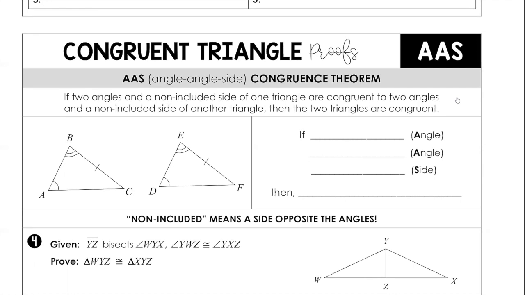Angle, side, angle. What three parts do I need? Two congruent angles and one congruent side. What's important about that congruent side? It has to be included, touching both of my congruent angles. So when I tell y'all angle, angle, side, what do y'all think?